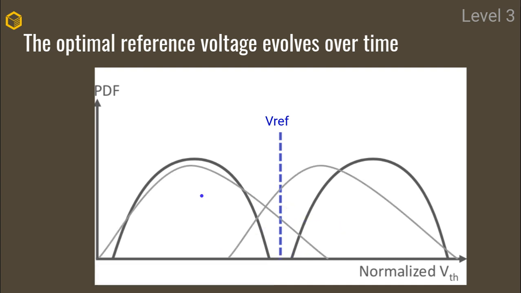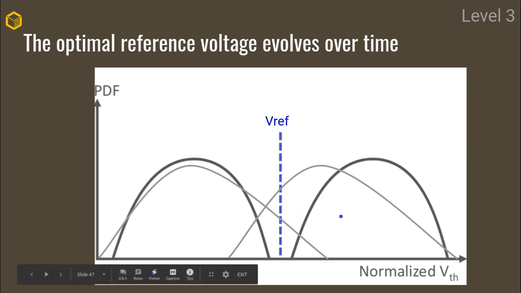Now, with wear and tear and aging and how long my data is stored in there and how the adjacent cells have been written and how that has affected my state, I have drift where my normalized voltage distributions just drift off and maybe in some cases drift into one another.